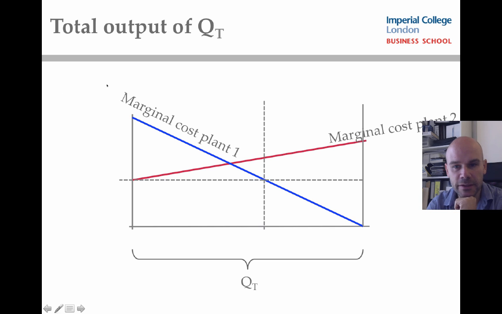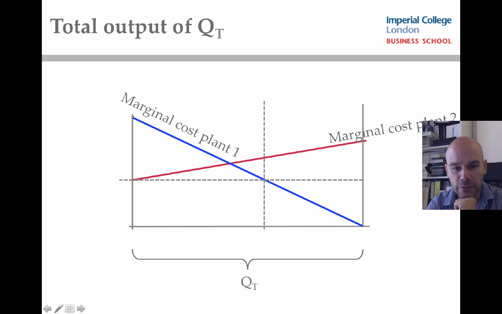It's the same height as the intercept of the marginal cost of plant 2. So what this means is that once we have reached this point, it starts to make sense to produce also in plant 2. So at first we would start in plant 1, but then if you want to produce more, we would also produce in plant 2.